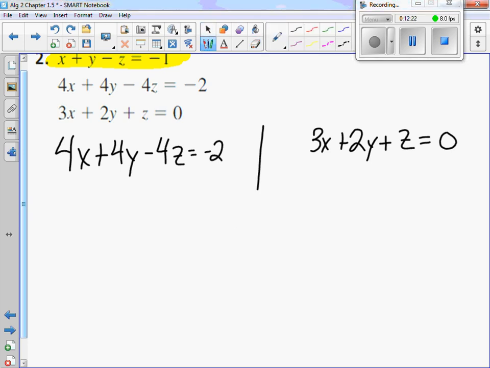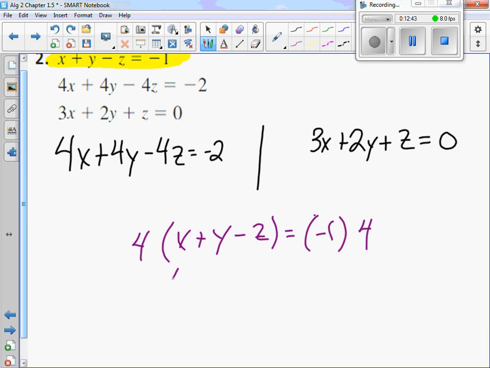Now, what are we going to have to multiply our eliminator equation by to get these y's to be the same? We got to multiply by 4, yes? So we're going to multiply 4 by x plus y minus z and -1 also by 4.